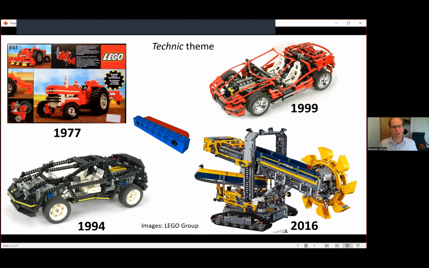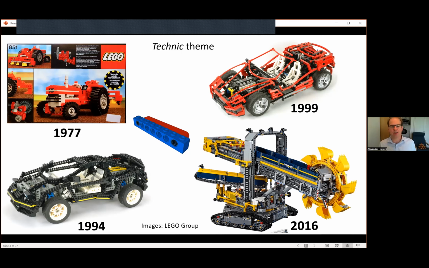This started off in the 1970s with the basic idea being you have your basic Lego bricks, but some of them have holes in, and then there can be axles or pins in the holes, and axles can rotate, and they can have wheels or maybe gears on them. Again, it became more and more sophisticated over the years.